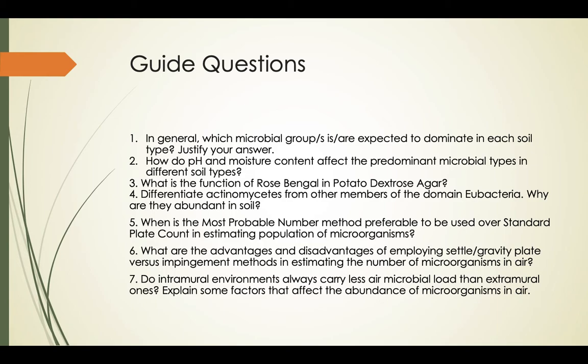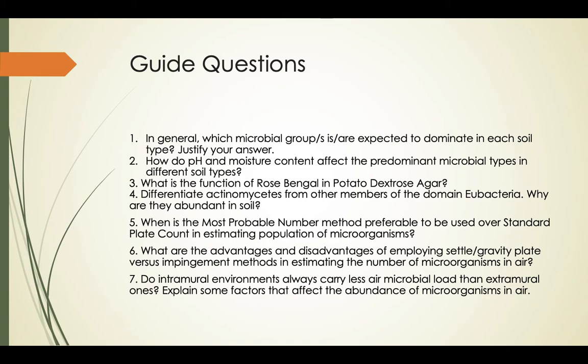Okay, and question number 4, differentiate actinomycetes from other members of the domain Eubacteria, and why are they abundant in soil? So this question, I've answered the first part. We've discussed the morphology and characteristics of actinomycetes in relation to actinobacteria. So we expect that they appear as gram-positive. Their cellular arrangement is quite different.